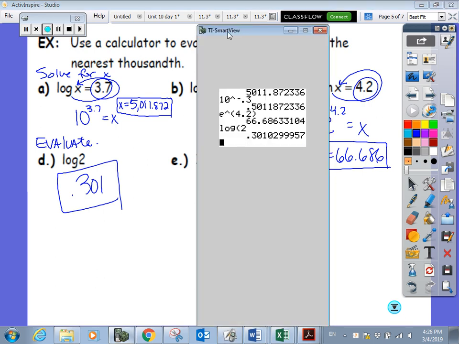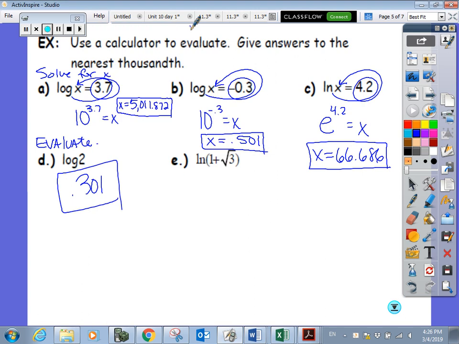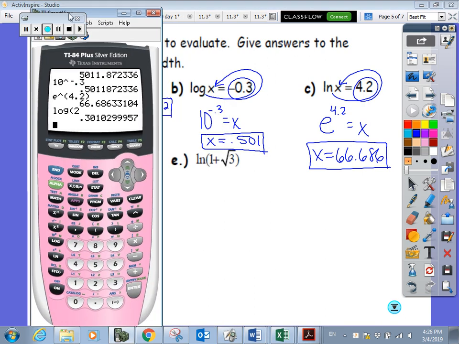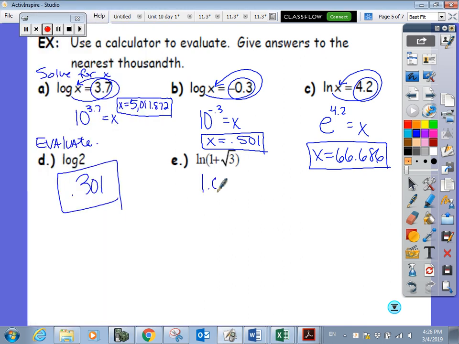And natural log, right below log, 1 plus the square root of 3. Because it's the end, you don't have to close your parentheses, only if you want to. 1.005. Okay, so notice the difference. Some are x equals, some are not x equals.